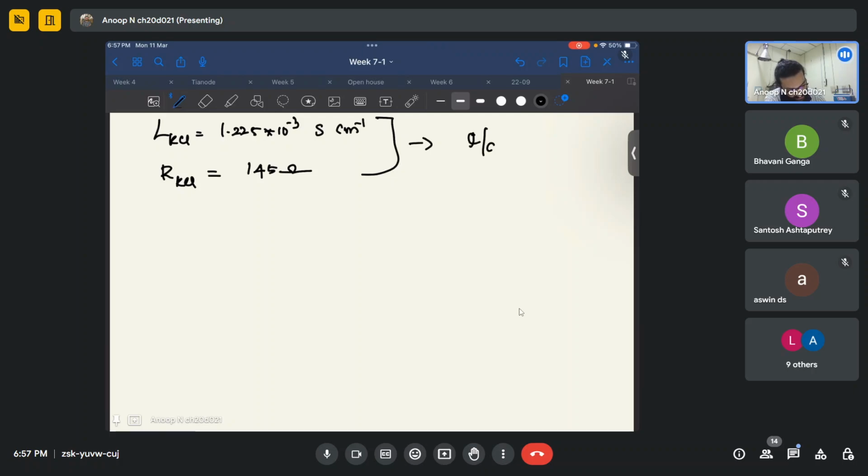We have to calculate L by A. For a particular conductivity cell, what is the cell constant?